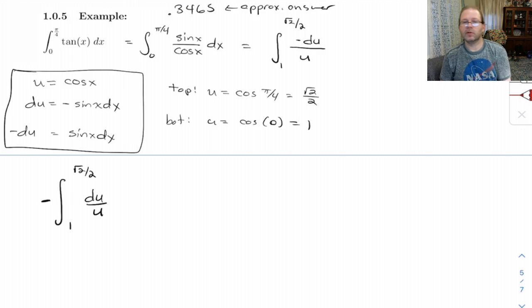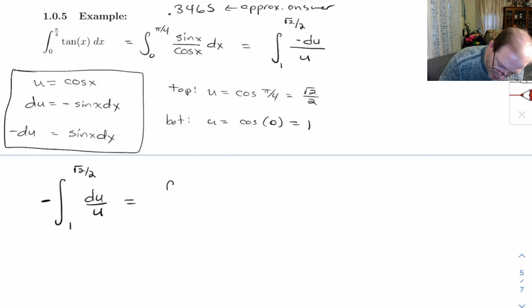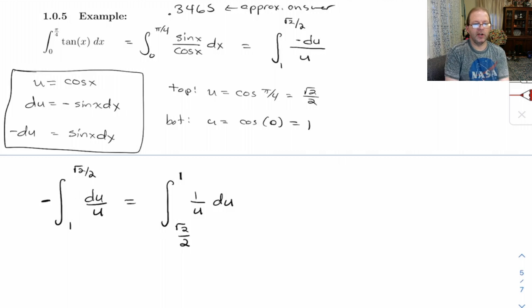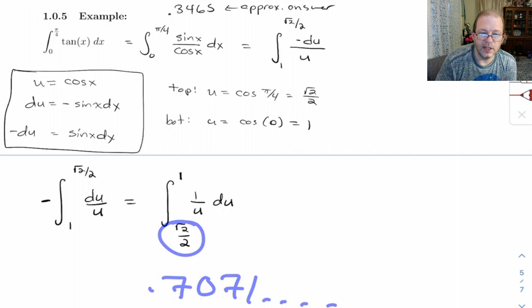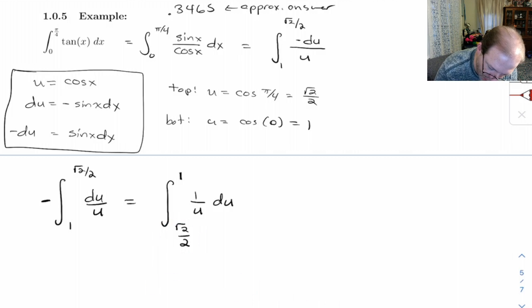And I've got that negative, which I'm going to move out front. Now, just for convenience sake, I'm going to get rid of that negative. Remember, if you get rid of the negative out front, it reverses your endpoints. So I can get rid of the negative by just swapping the root 2 over 2 and 1. And this seems a little more natural anyway, because root 2 over 2 is like 0.7071, and it seems more natural to have the lower endpoint on the bottom. It doesn't really matter, but it seems right to do that.